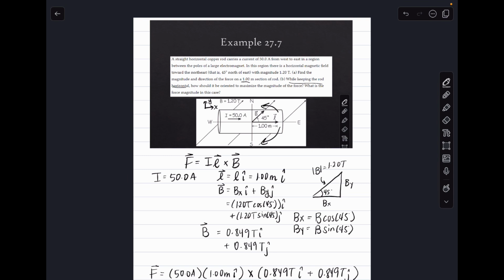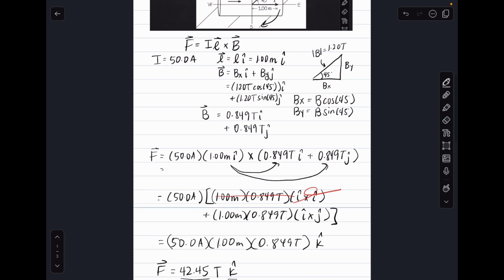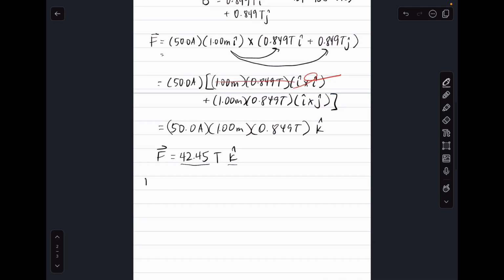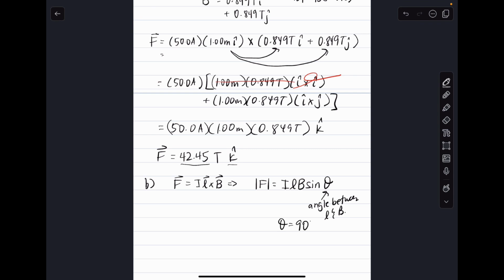So the question is, how do we maximize the force? Well, let's rewrite what the force is. The force is IL cross B. The magnitude of the force, using the cross product definition, is ILB sine theta, where theta is the angle between L and B. To make sine theta the biggest, we need theta to equal 90 degrees.